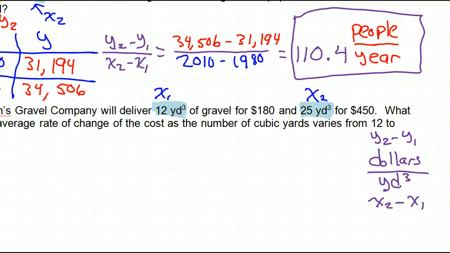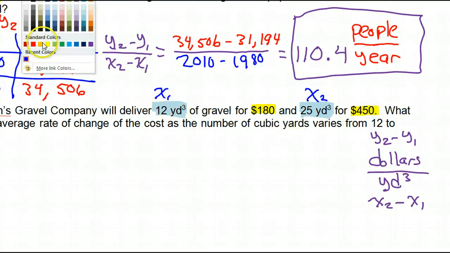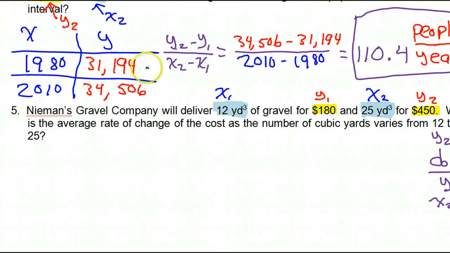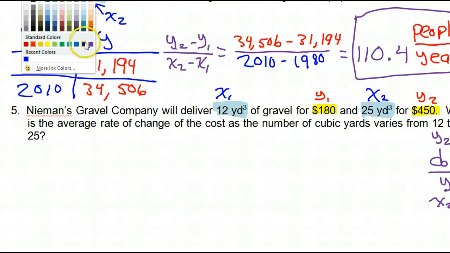And we want the dollars to be the y value. So we have $180 and $450. Those are the y values. Okay, so this will be y1 and y2. Let's go ahead and set up our table.